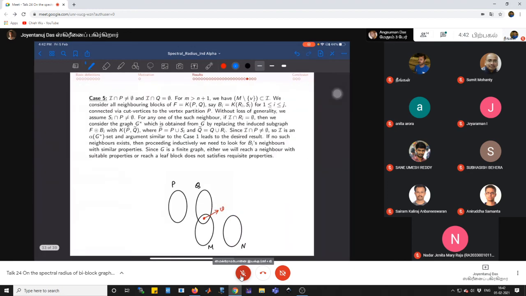And this is the final case, case 5, when the independent set I intersection P is non-empty, and I intersection Q is empty, and M is strictly greater than N plus.